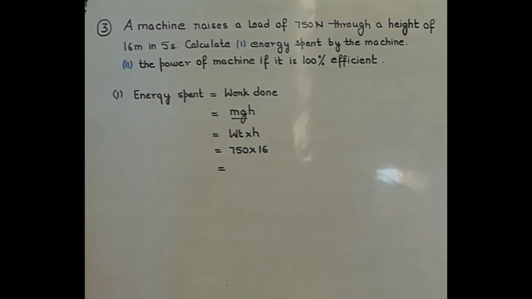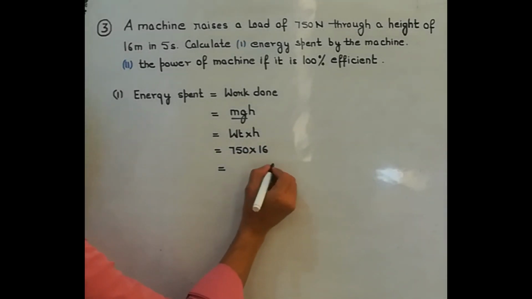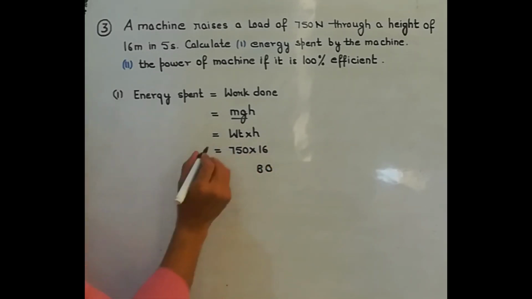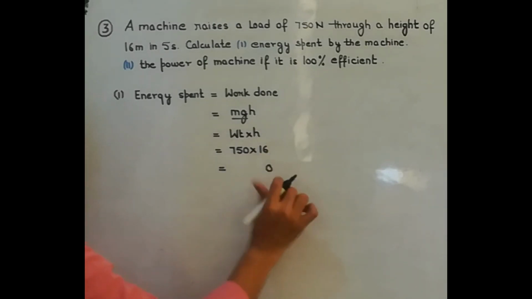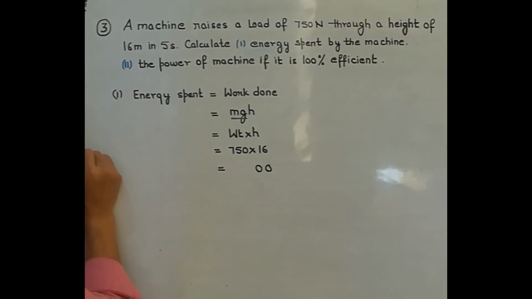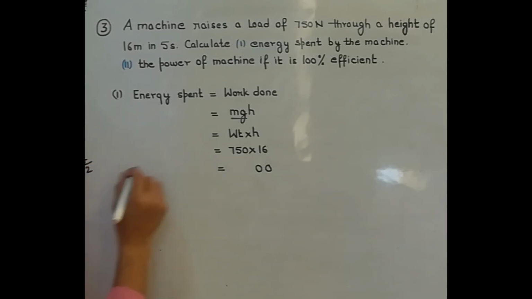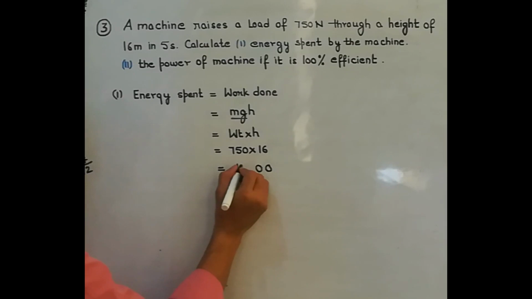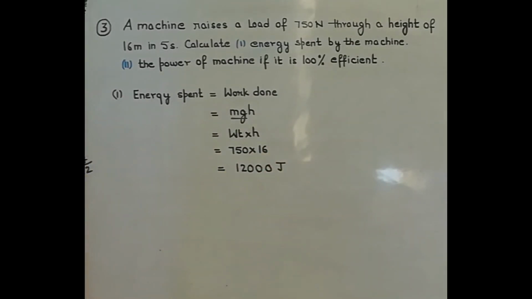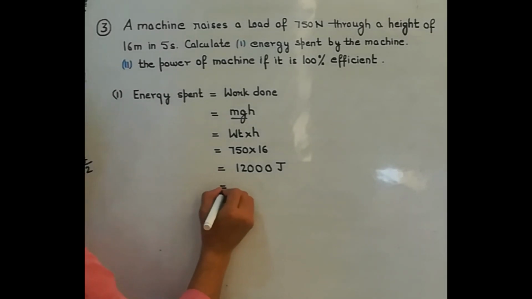And now you multiply it. 16 into 5, 80, carry over 8. So this will be the work done, or you can write it this way also.